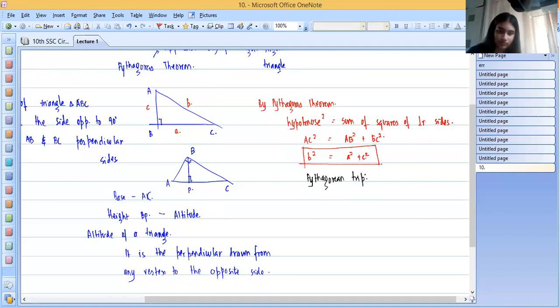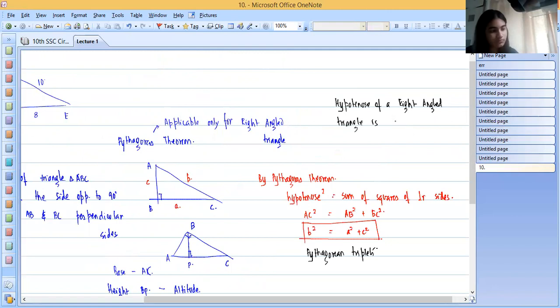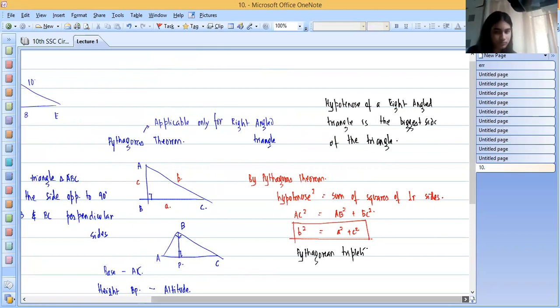And to understand Pythagorean triplets, we have to understand that hypotenuse of a right angle triangle is the biggest side of the triangle. Now, why is this so?